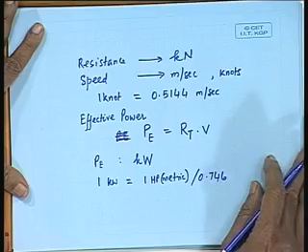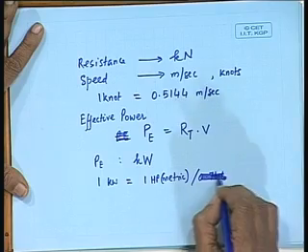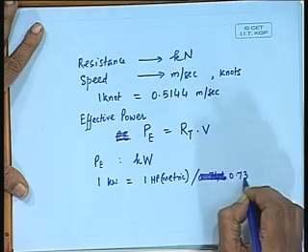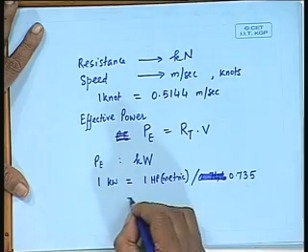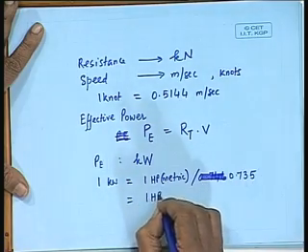Okay. No, I do not think this is correct. 1 kilowatt is 746. 735. No, it is 746. One minute. Please let us understand this.